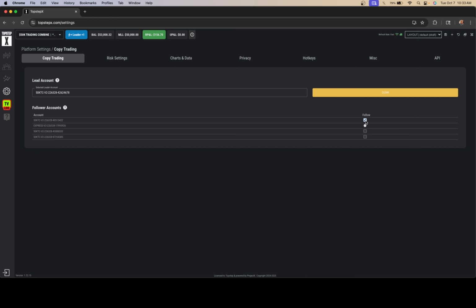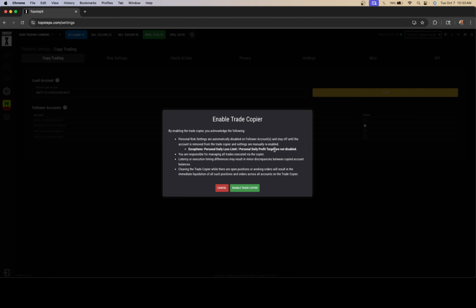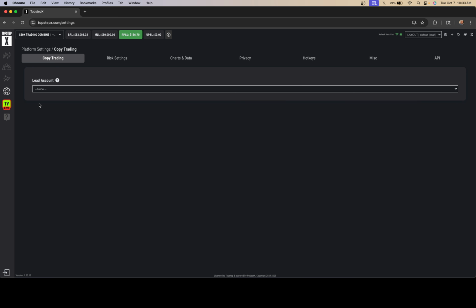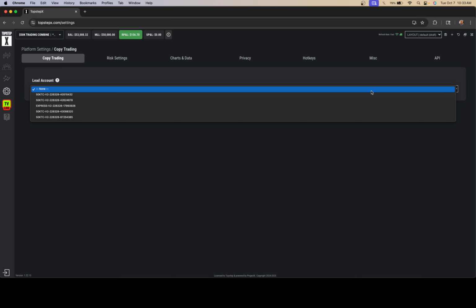Oops, can't show you all that. Save changes. Lock.